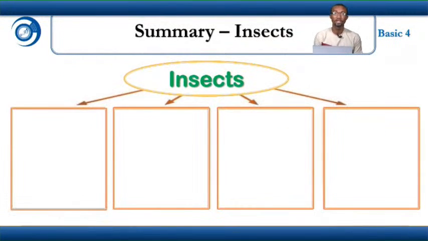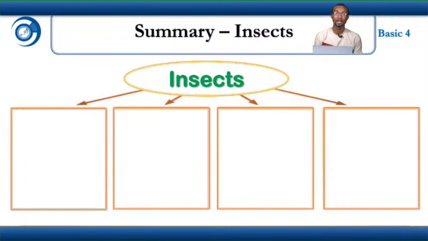So today we looked at insects as a group of animals, and we said insects are the smallest of all animals with no backbone. And animals with no backbone are known as invertebrates.